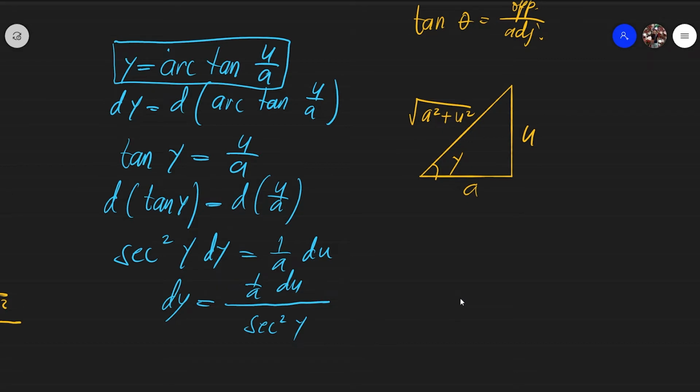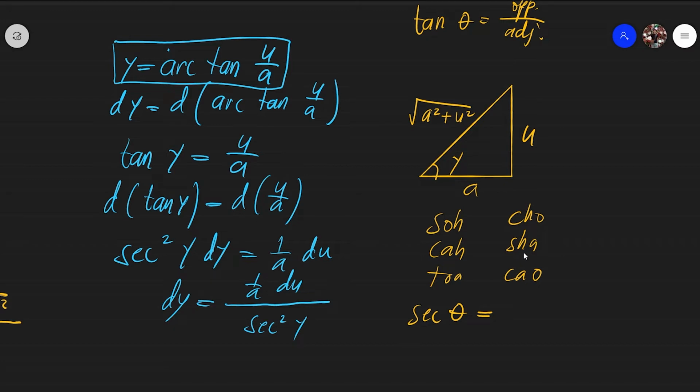Now, take note, secant theta is actually equal to the hypotenuse over the adjacent.